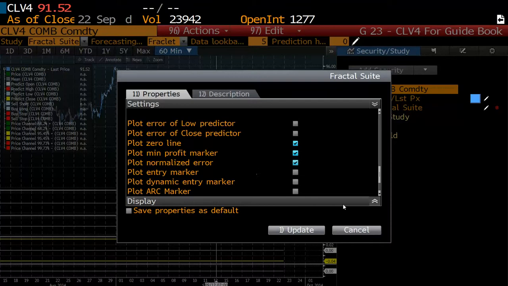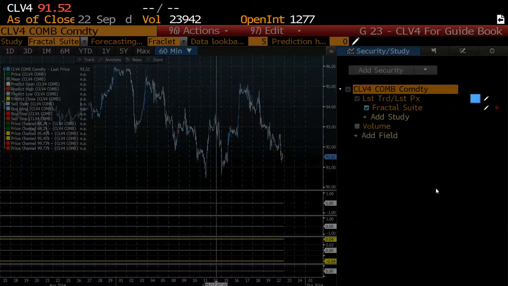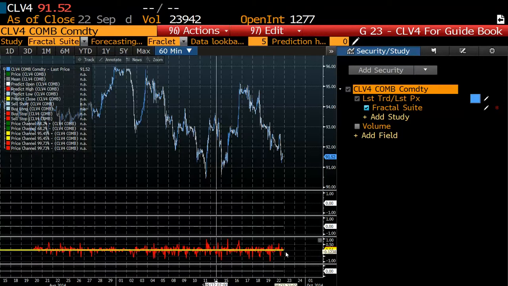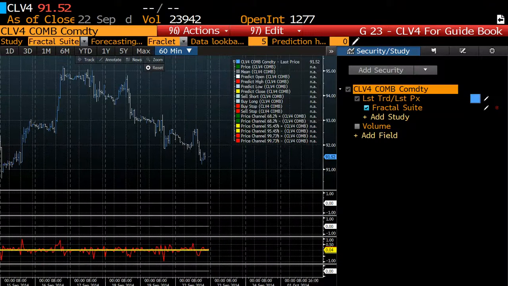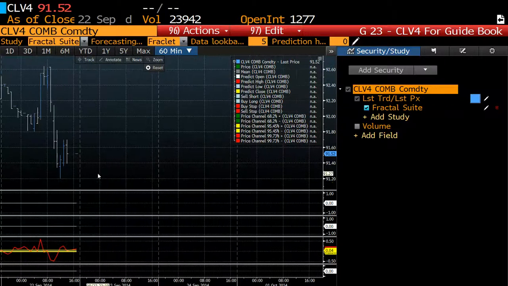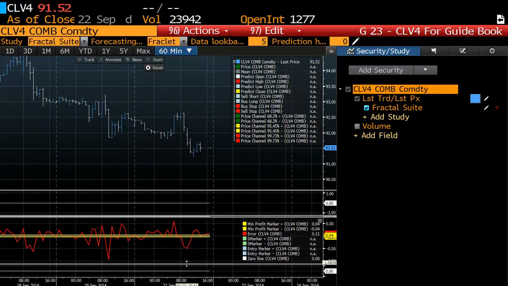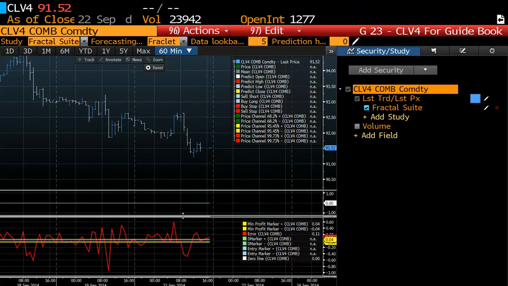Plot normalized error. We can check mark this, update, and what we see here is the difference between the last traded price and the predicted close. So we're actually plotting the error between the two, hence the name. So let's zoom in and take a look at that. All right, expand this a little bit so we can see it better.